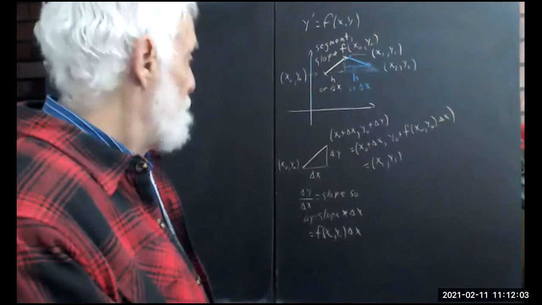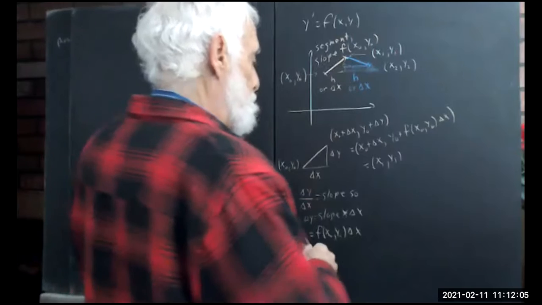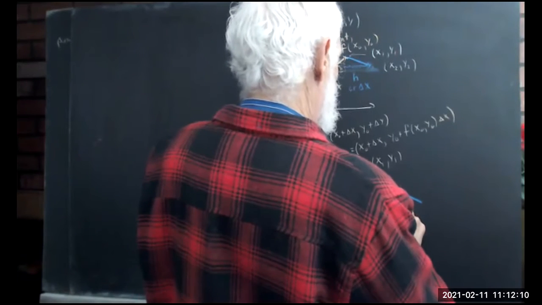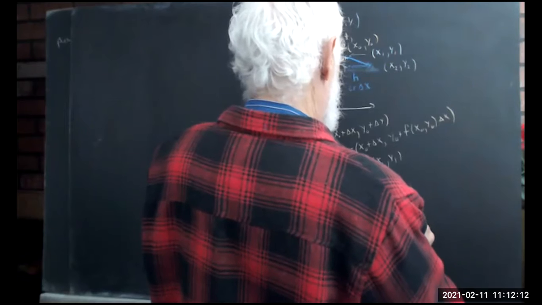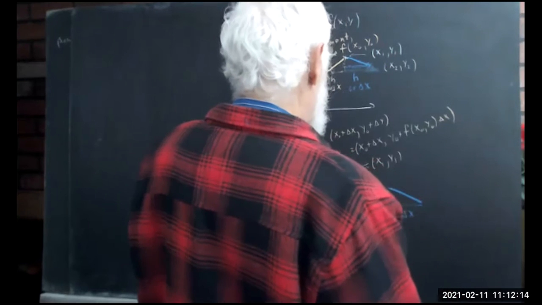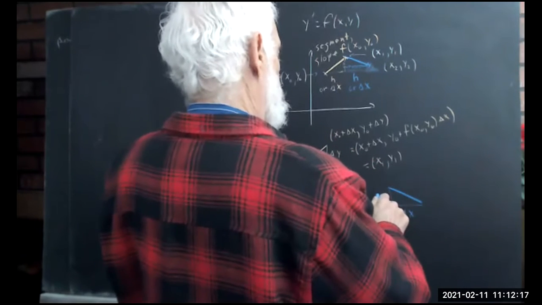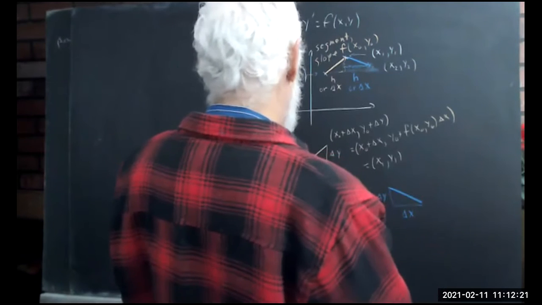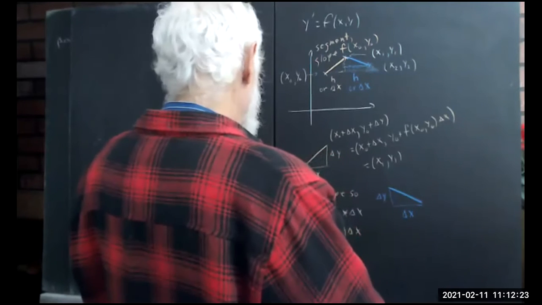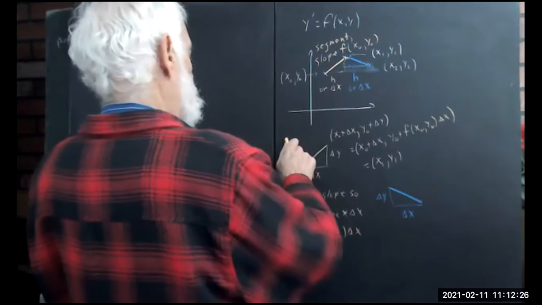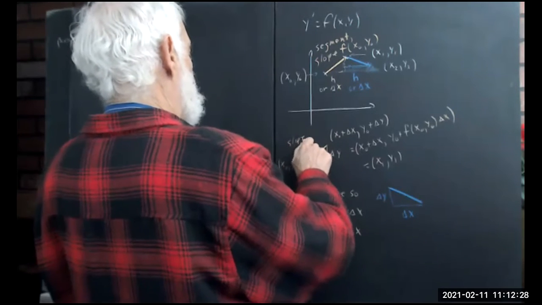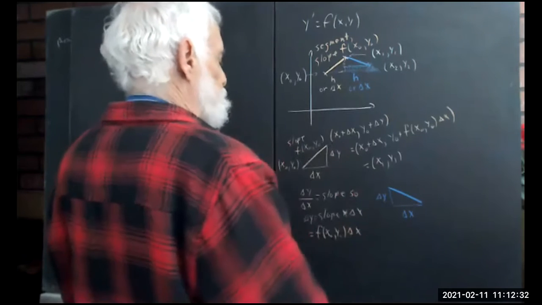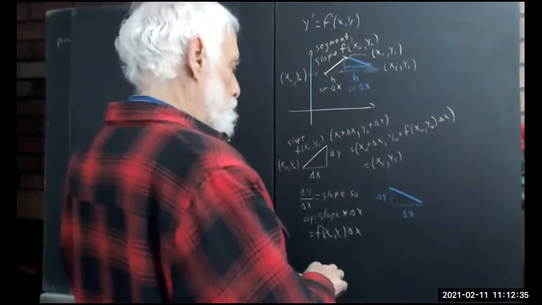So this triangle gives us a delta x and a delta y. Just to be complete, I'll say slope here is f of x naught, y naught.